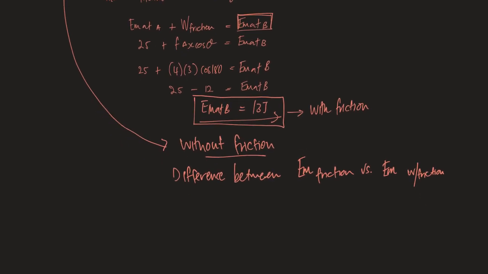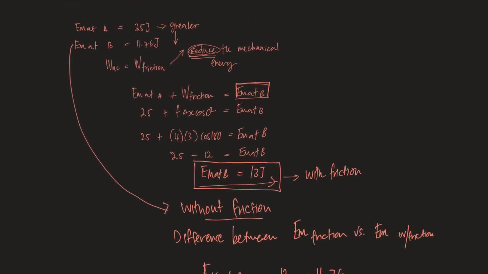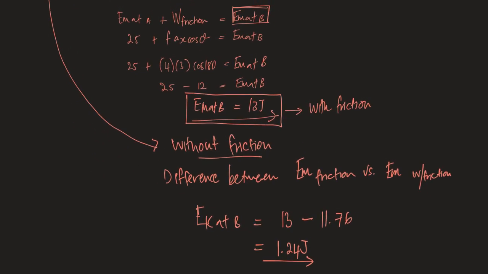So all I'm going to say is the kinetic energy at point B is equal to the mechanical energy when there is friction minus when there isn't friction, and 13 minus 11.76 is going to give me 1.24 joules. Right, so that is how you work out this type of question in another way.